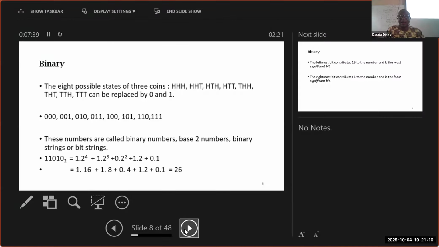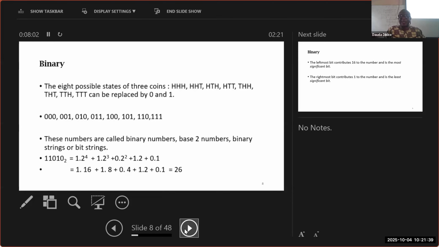Now, if we have 3 coins, the 3 coins will have 8 possible states. We can now replace the 8 possible states by using bits, which are 0 and 1. We can make use of 0 to represent the head, while 1 represents the tail.